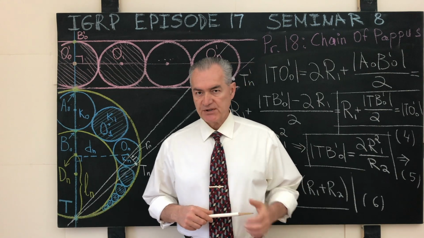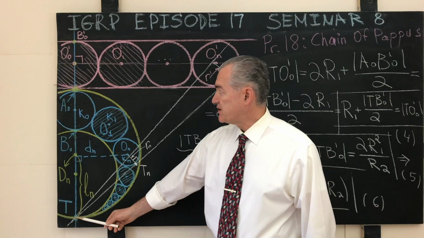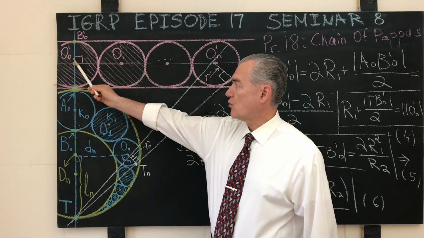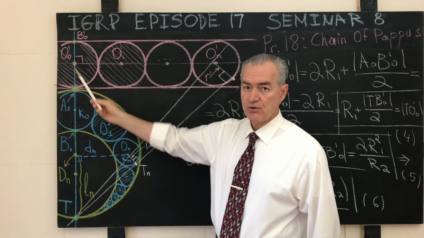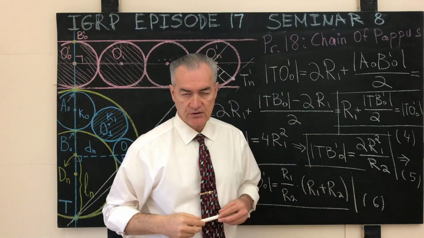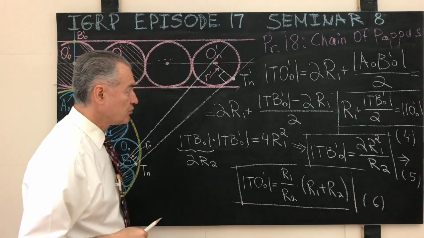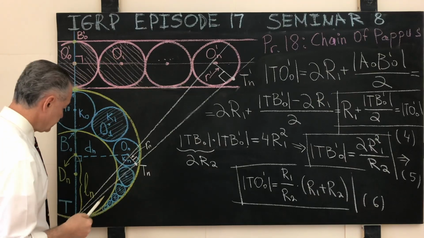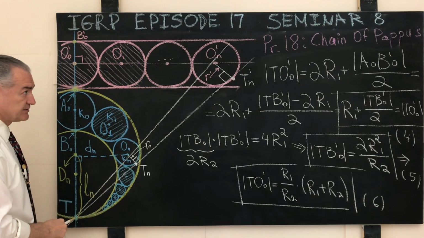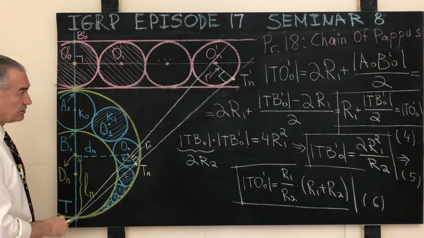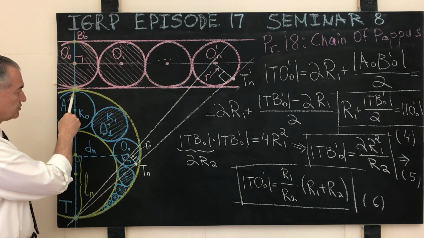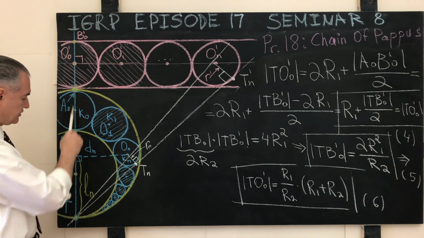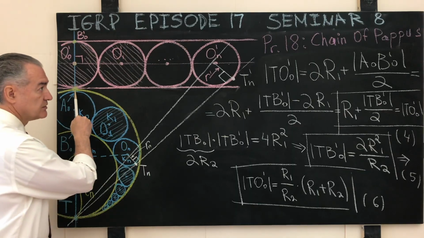Let us now express the distance between the point of tangency t and the point O prime 0 in terms of the given material, and we can do that as follows. Note that this distance can be represented as a compound quantity, as the diameter of the outer generating circle, the distance t a0.